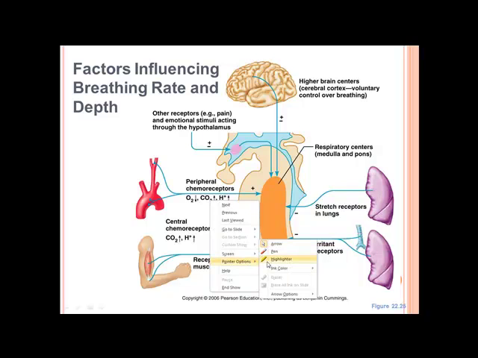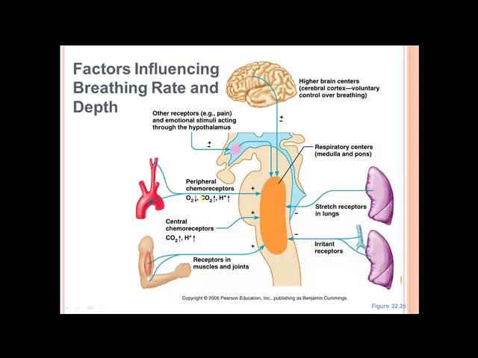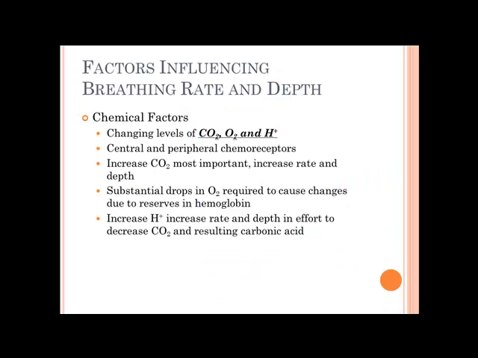Something I should point out here, I don't know if I'll have the chance later, is that carbon dioxide shows up in both of these. Carbon dioxide levels will be the main determining factor in getting you to breathe. If you need to breathe, your body is really sensing the carbon dioxide levels more than it's sensing the oxygen levels. Which I said right here on this next slide: increased carbon dioxide, most important, increases rate and depth of breathing.